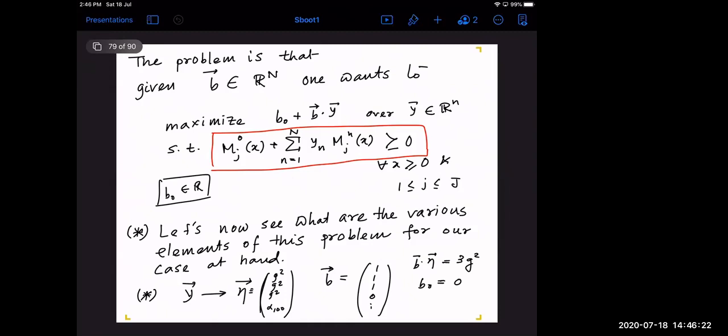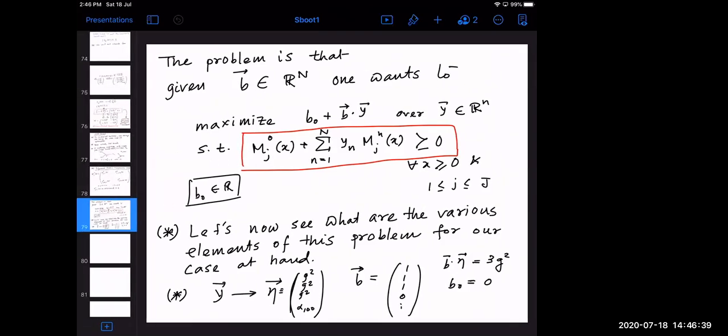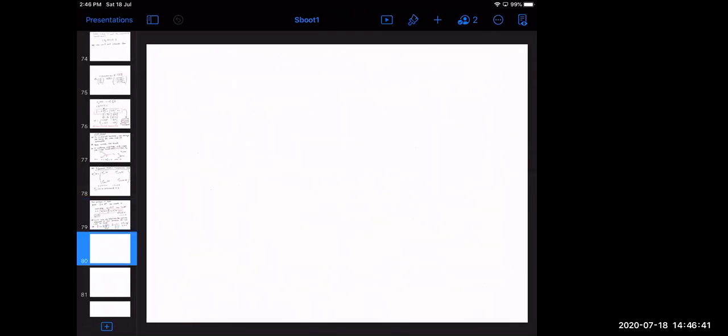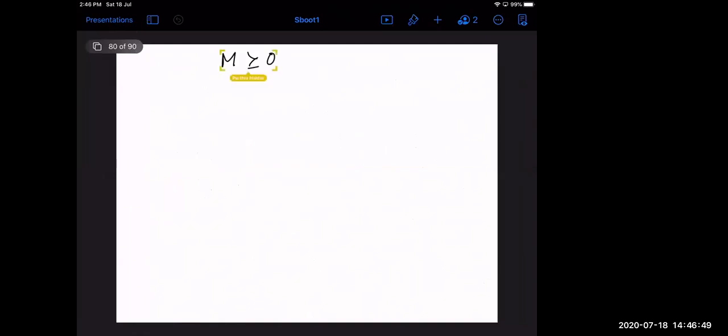But now we have to understand the various elements of this constraint, that is, the connection of these M J matrices with what we have constructed. Let me go to the next slide. The entire constraint was manifested as a matrix being semi-definite, where M was like this.